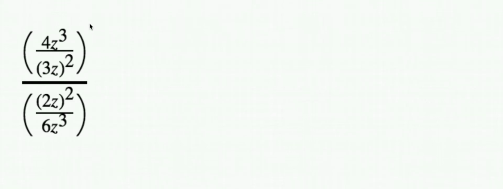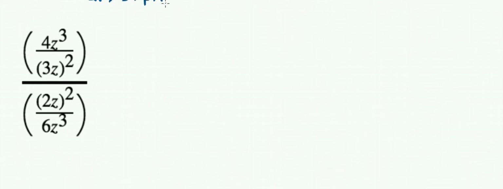Example 1. Okay, so for example 1, our goal is to simplify this complex fraction. And that is a good goal to have because we are given all we need, which is a complex fraction. So our goal is to simplify.